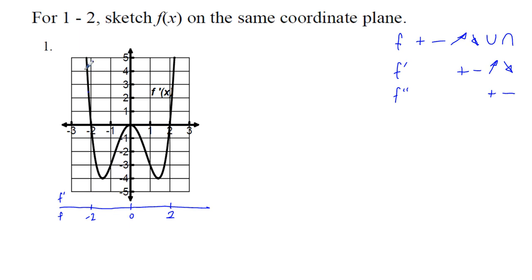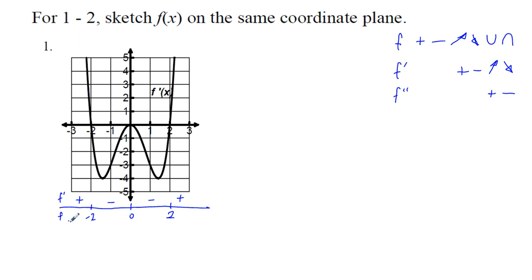To the left of -2, we can see our graph is above the x-axis, so we're going to put a plus sign here. Between -2 and 0, our graph is below the x-axis. And between 0 and 2, we have a negative sign because f prime is below the x-axis. Greater than 2, we are above the x-axis again, so we put a plus sign here.